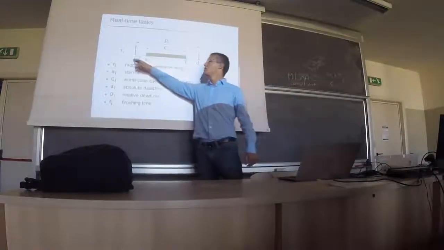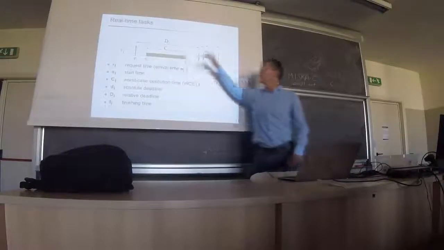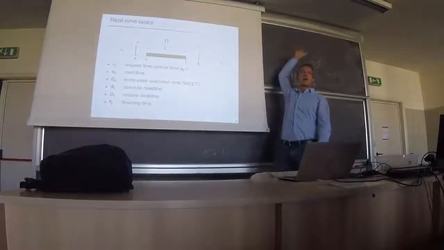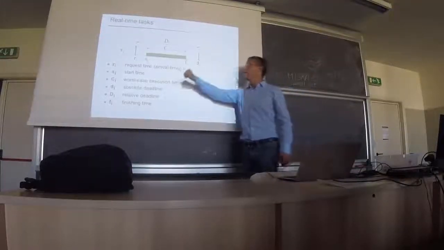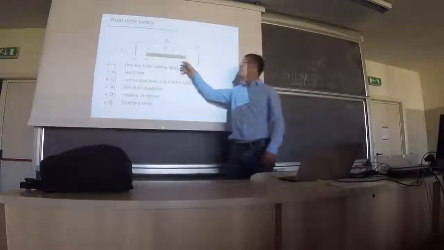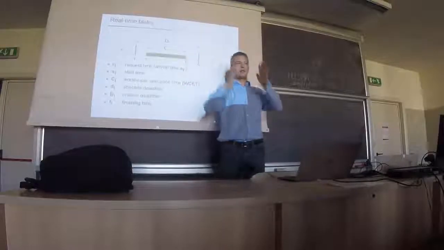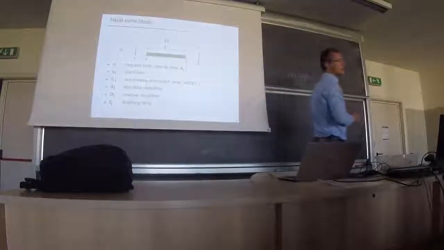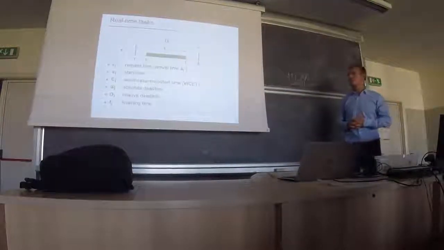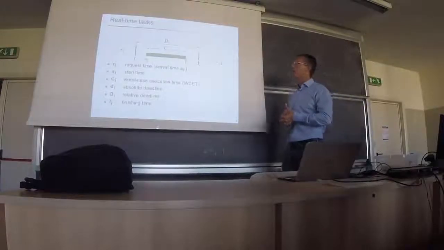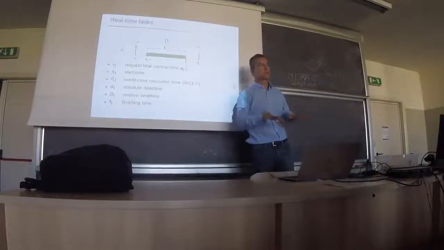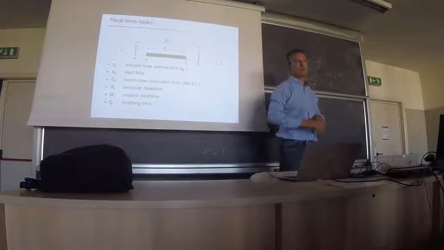This task has a release time, the next release time will be higher, the next higher, and so on. The same goes for the starting time, finishing time, and absolute deadline, while the relative deadline is typically much smaller. So relative parameters are labeled with capital letters, absolute parameters with small letters.